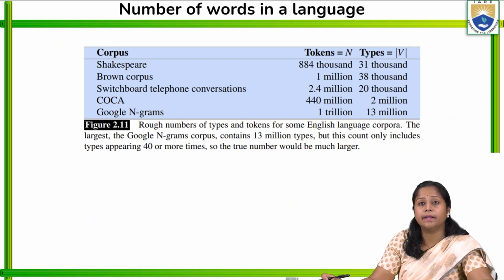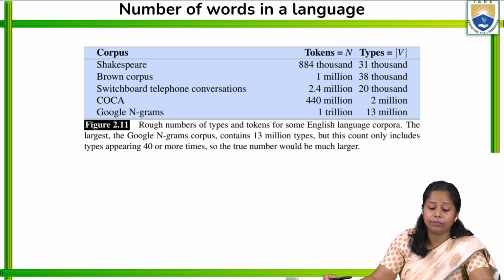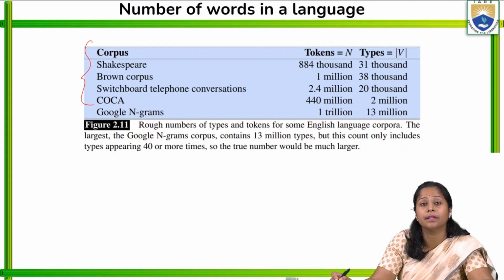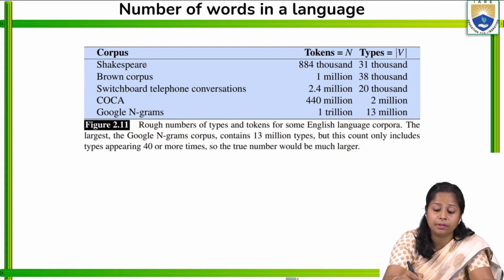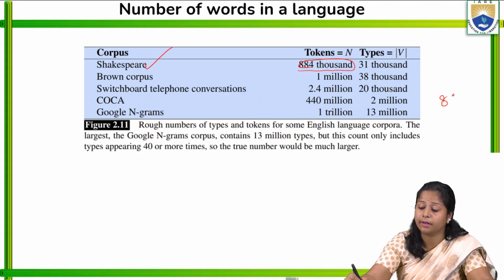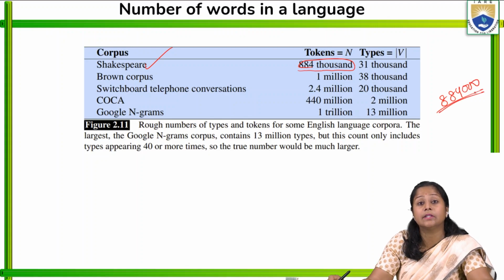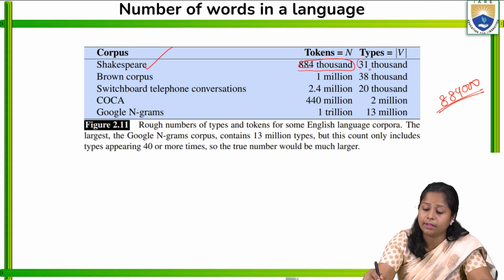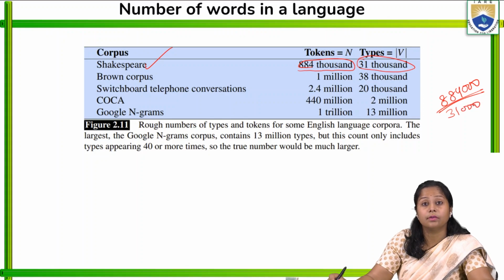Now, the number of words in a language: let's look at some famous corpora. This table gives the different corpora and how many tokens and how large a vocabulary each has. For the Shakespeare corpus, there are 884,000 tokens, that is, this many words without punctuation, and the vocabulary is 31,000.